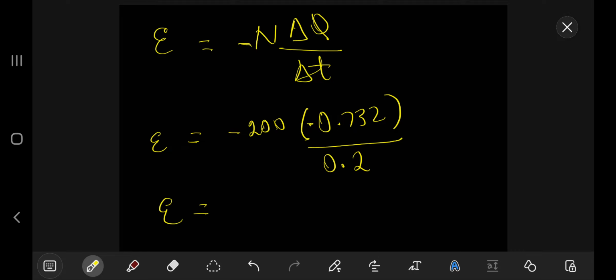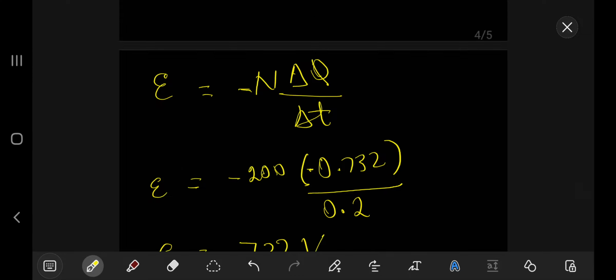So that would be negative 200 times negative 0.732, all divided by 0.2, and in total, this is 732 volts. That is our EMF which is induced, right?